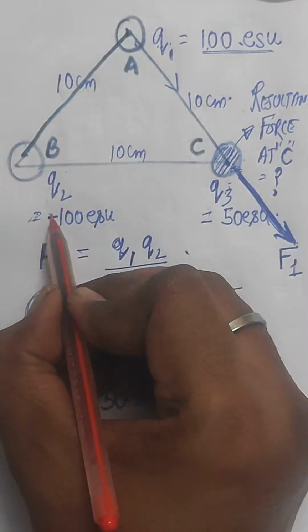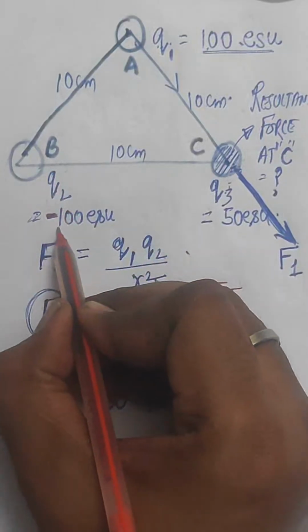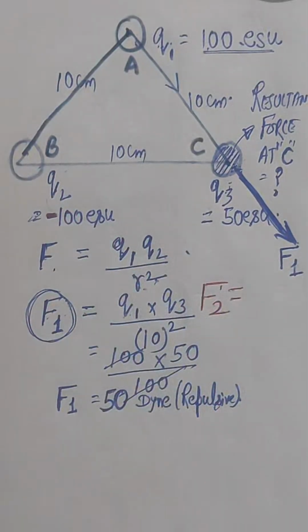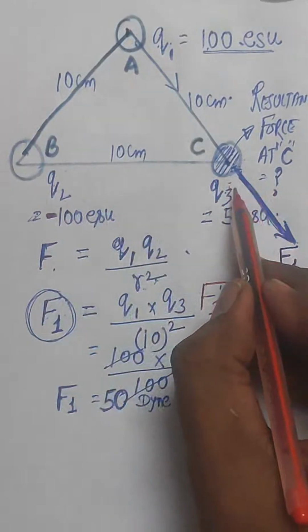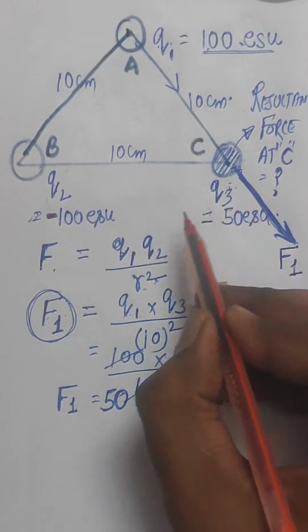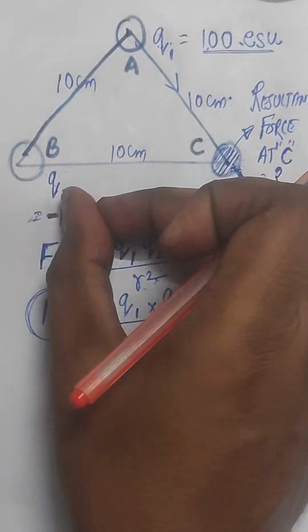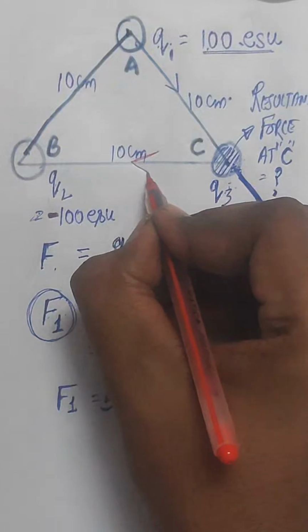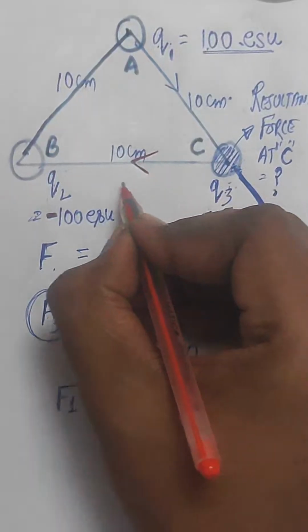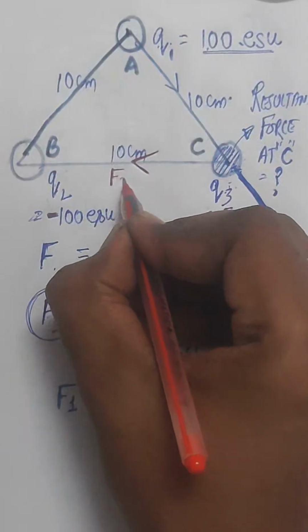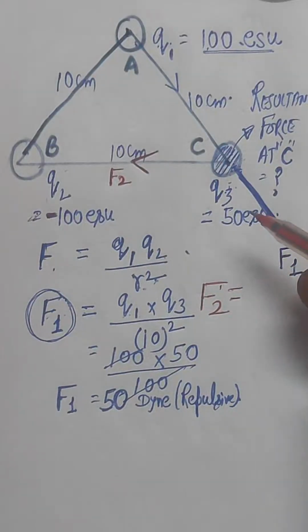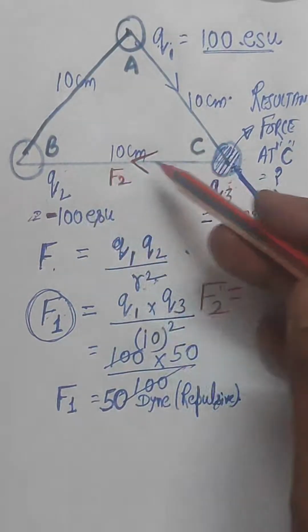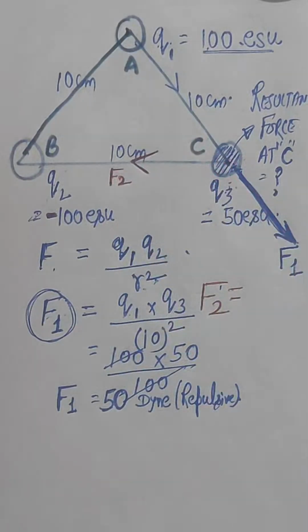Here you can see Q2 is minus 100 electrostatic unit, and this Q3 is positive. So plus and minus will attract. So the force F2 will be acting towards this direction. This will be attractive in nature, because it is plus and minus.